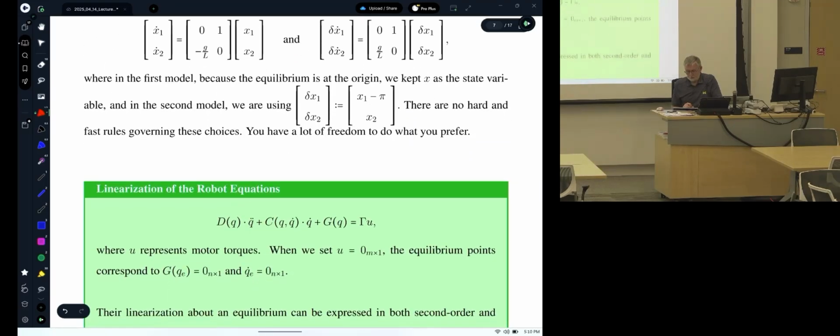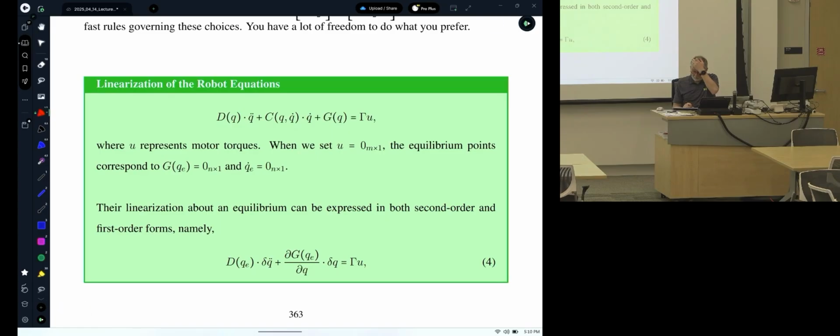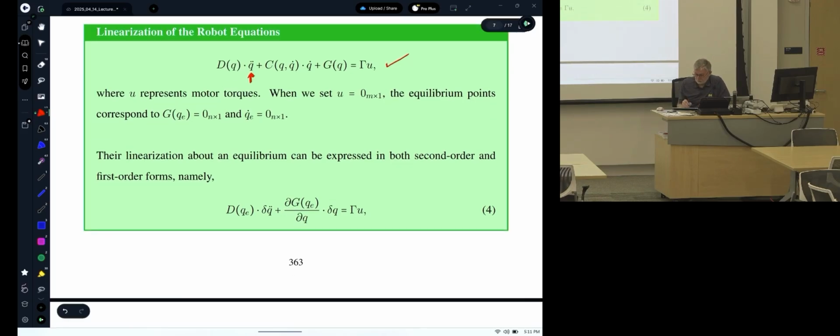Okay, so that's got all the calculations there for you. Now with the robot equations, it would be really painful to calculate the Jacobians the way we just did when it's already written as a first order term. So here we've got the robot equations. This is second order. You can linearize the model in this form, and it's also pretty simple.